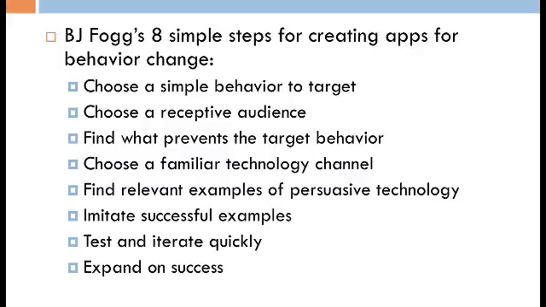Then test and iterate quickly, using a lot of the methods that we talk about in this class. Build something really fast, try it out, improve it, try it again, and then keep expanding on your success. BJ has been able to use that in a variety of different domains, and others have been able to use it as well over the past 10 or 15 years.